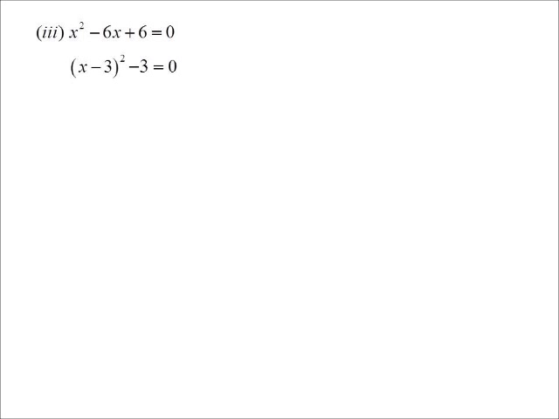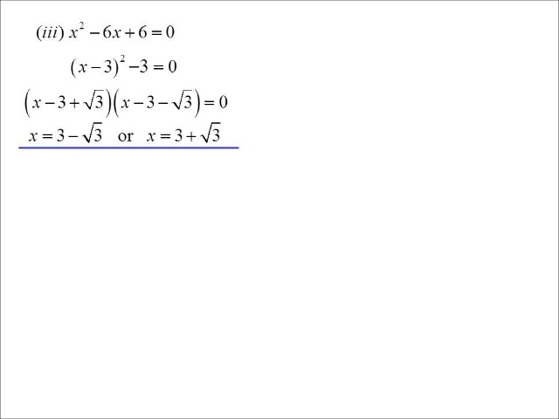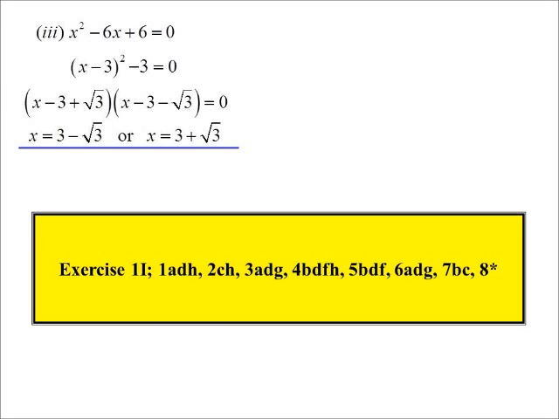So if it's the difference of 2 squares, I can say, well, x minus 3 plus the square root of 3, x minus 3 minus the square root of 3. And so therefore, x is 3 minus root 3, or 3 plus root 3. That's an alternative way of setting out the completing the square idea.